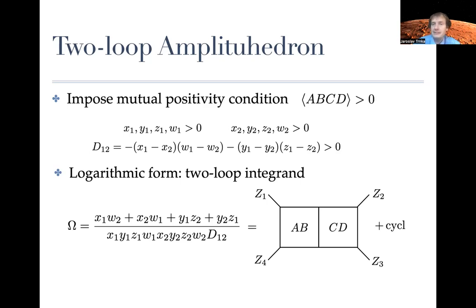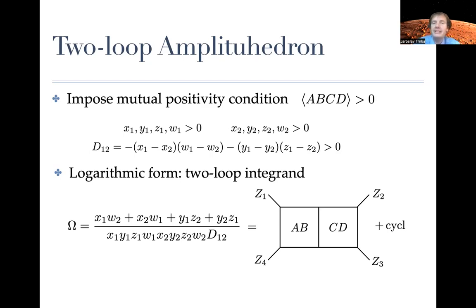So this makes the space more complicated. And indeed, the form is also less trivial. This is a set of 9 inequalities on 8 parameters, parameterizing the 2 loop momenta, AB and CD.